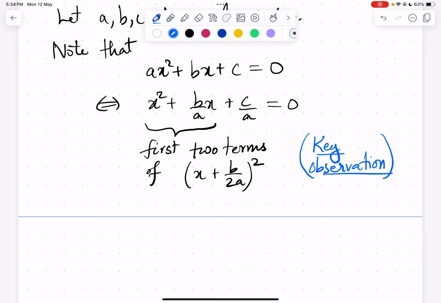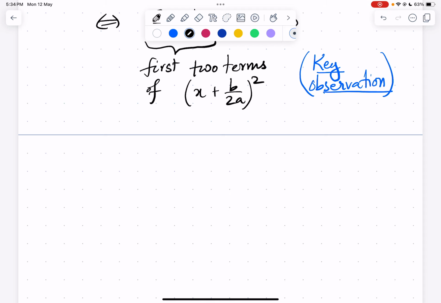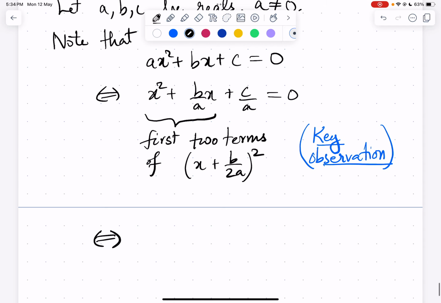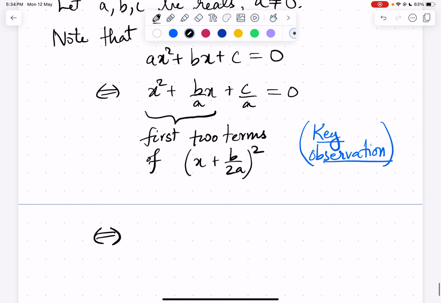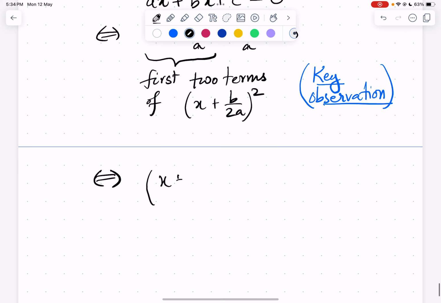So in this equation x square plus b by a x plus c by a equals 0, x square plus b by a x are the first two terms of x plus b by 2a whole square. Hence we can write, saying x square plus b by a x plus c by a equals 0 is same as saying x plus b by 2a whole square minus b square by 4a square.